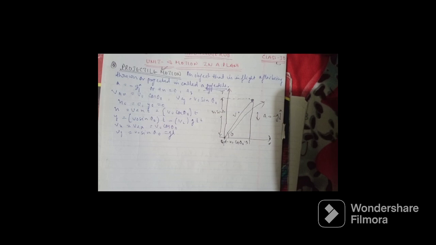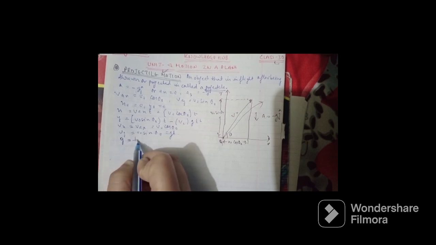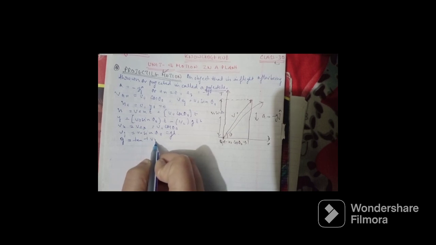This is shown graphically at a few instances, and you have to note that at the point of maximum height v y equals 0.